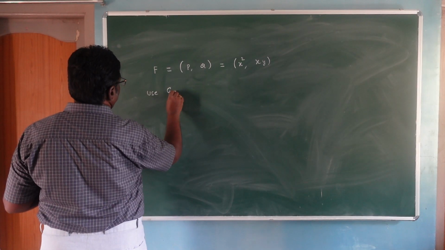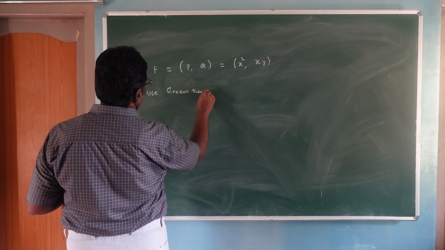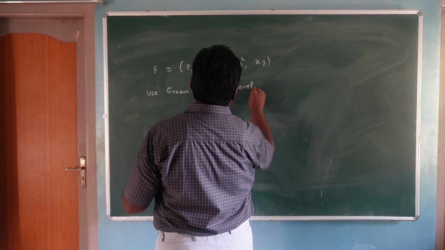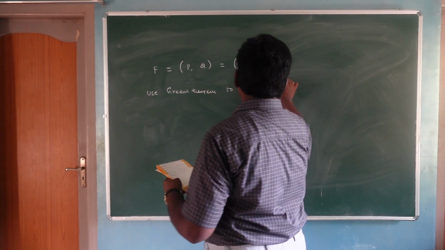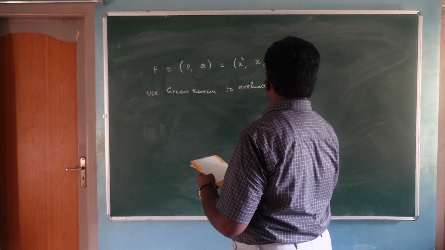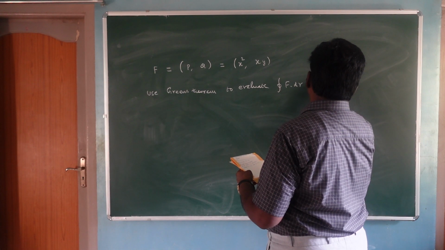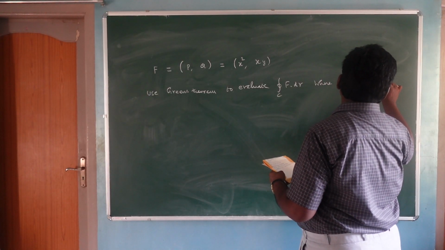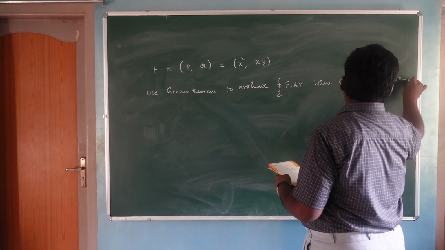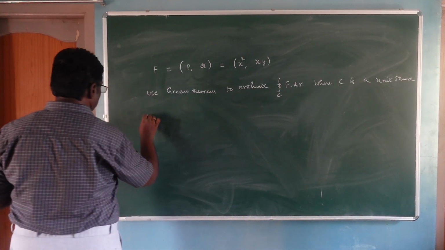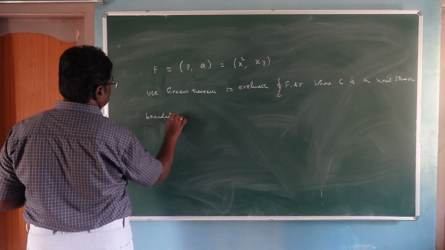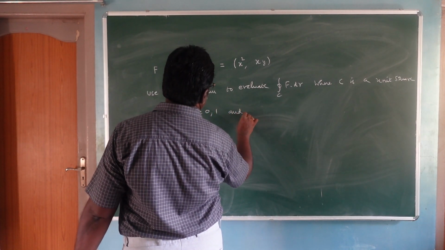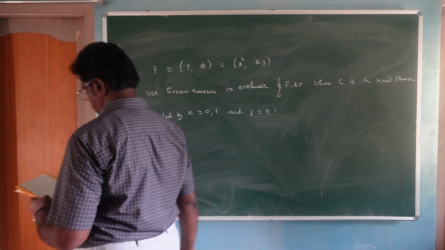Use Green's theorem to evaluate integral F dot dr, where C is a contour, the unit square bounded by x equal to 0, 1 and y equal to 0, 1.